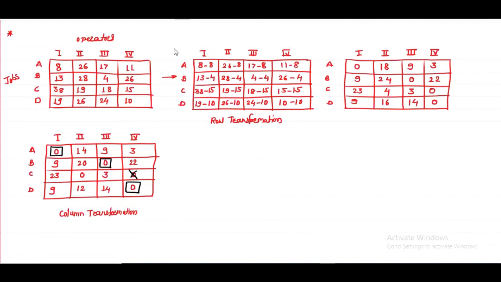In this matrix, now there are 3 assignments: first row first column, second row third column, and fourth row fourth column. But our condition is that 4 assignments should be there, because the matrix order is 4 by 4. So after the row assignment, we'll go for the column-wise operation.